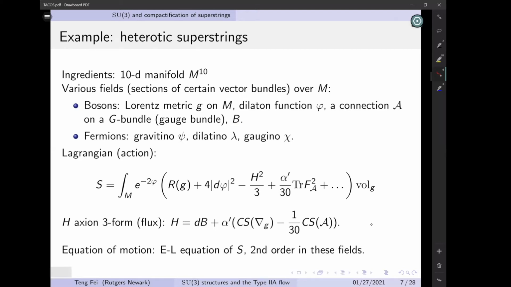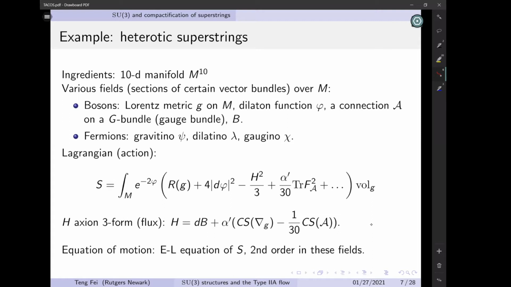And there are some fermions. They are called the gravitino, dilatino, and the gaugino. These are just the superpartners of the bosons. So the gravitino psi corresponds to this Lorentzian metric G, the dilatino corresponds to the dilaton function, and the gaugino corresponds to this connection.